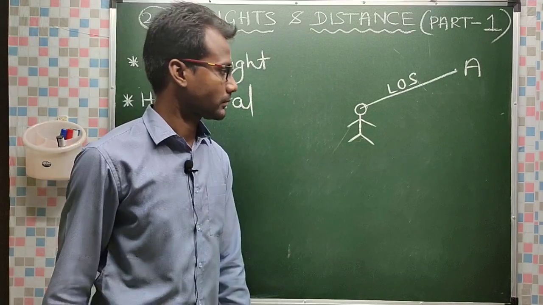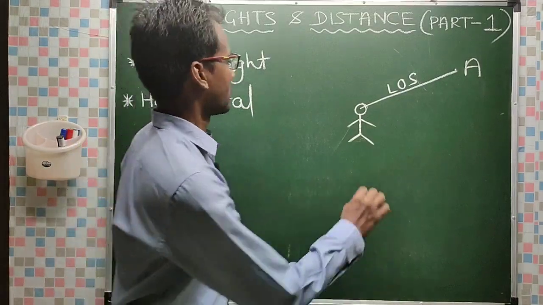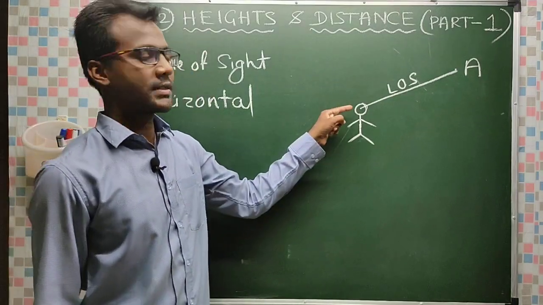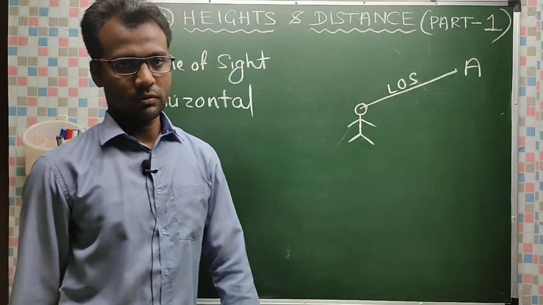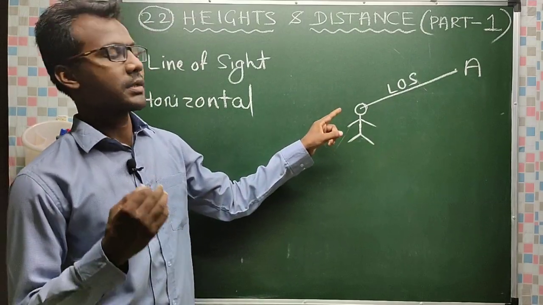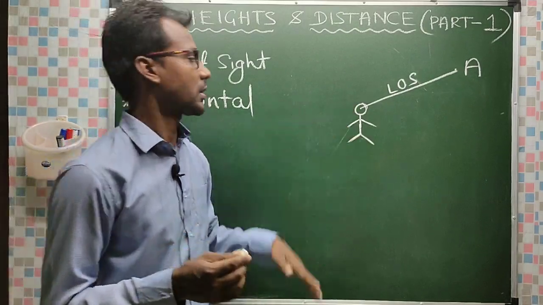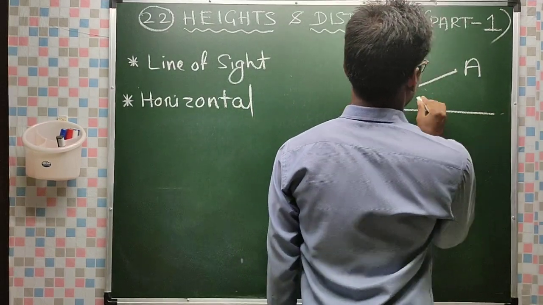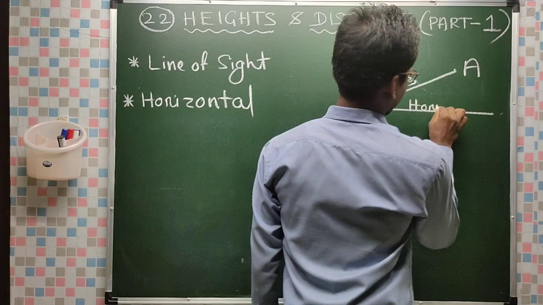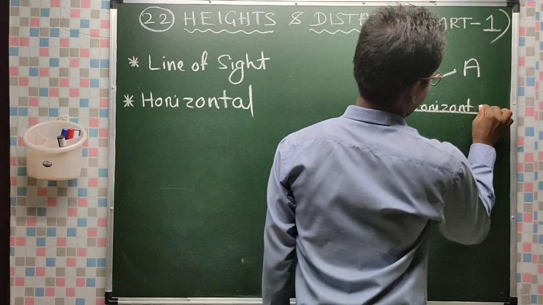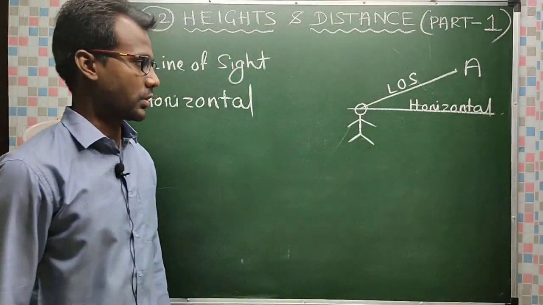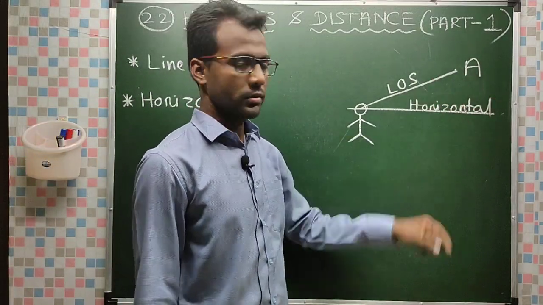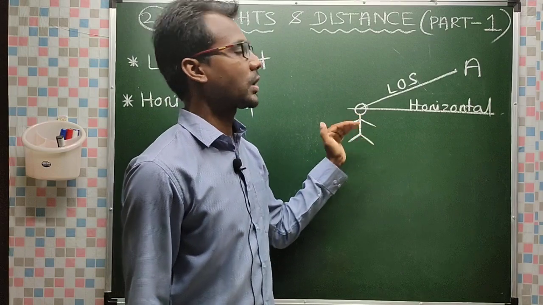Next is horizontal. It is also an imaginary line that is drawn from your eyes parallel to the ground. Suppose this is horizontal. Now see, I have taken point A above, so the person is looking up.